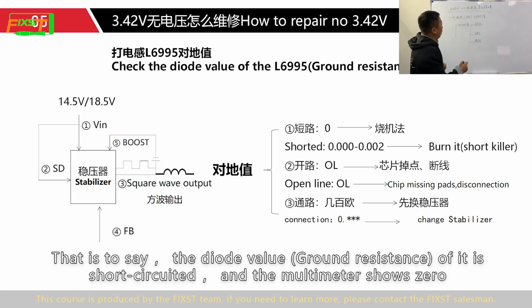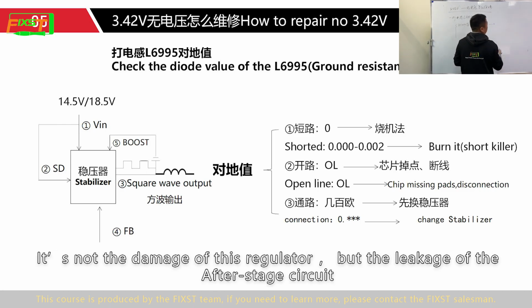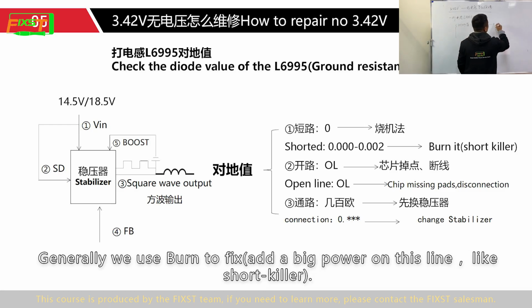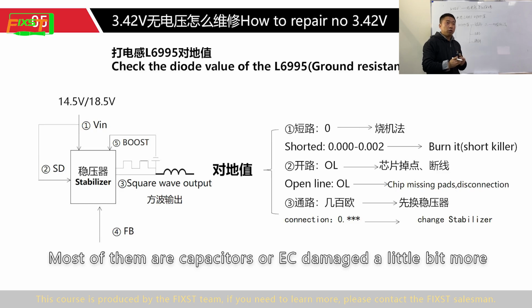That is to say, when it is short circuit and the multimeter shows 0, it is not the damage of this regulator, but the leakage of the after-stage circuit. Generally, we use the burn method to fix it, adding big power on this line, like a shock killer. Most of them are capacitors or easily damaged parts.